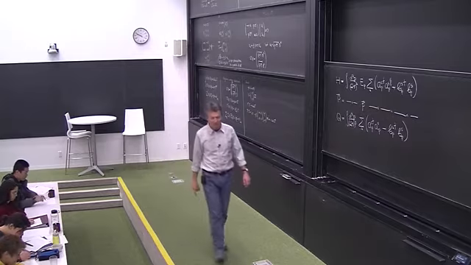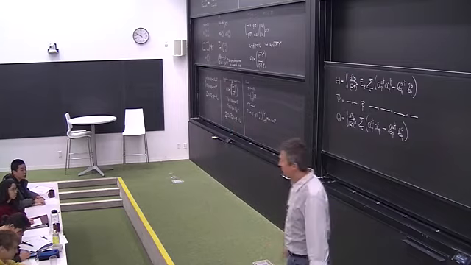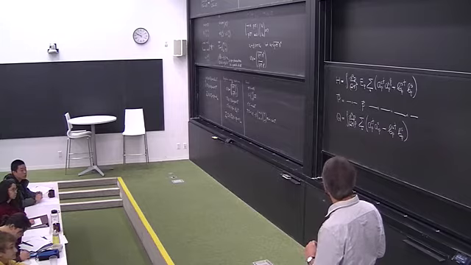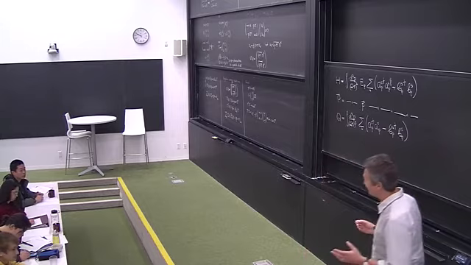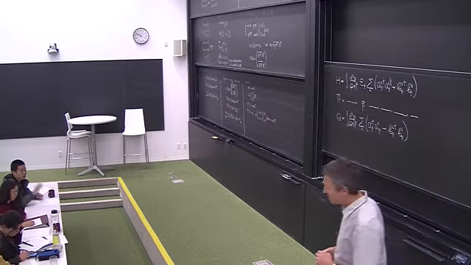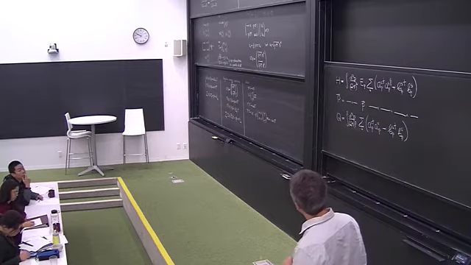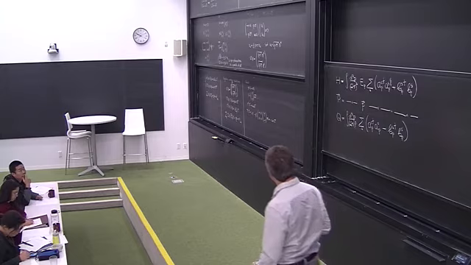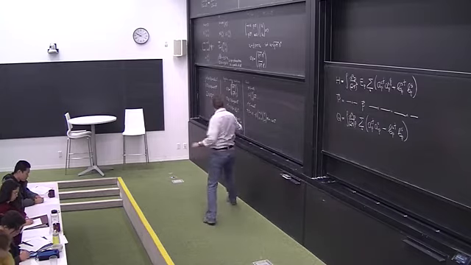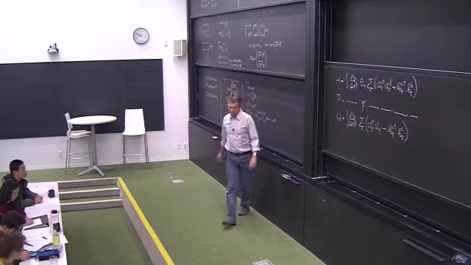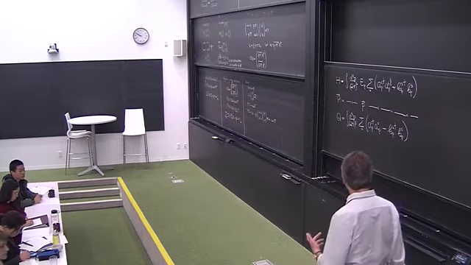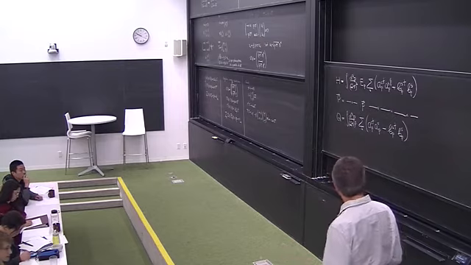So psi and psi bar satisfy some sort of simple anti-commutation relations, which I leave to you as an exercise to compute. You can just use the anti-commutation relations between A and B, and then the formulas of this type would in principle allow you to compute the commutator of psi and psi bar.